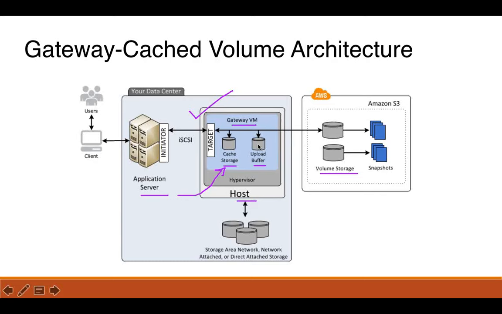This upload buffer is a staging area that accumulates the data before it uploads it to the entire volume backed up by the S3. Optionally, you can also create snapshots of these volumes to create backups. So this is the gateway cached volume architecture.